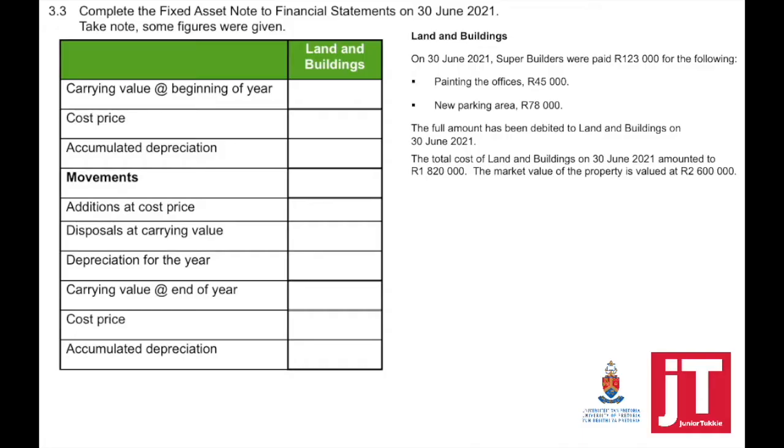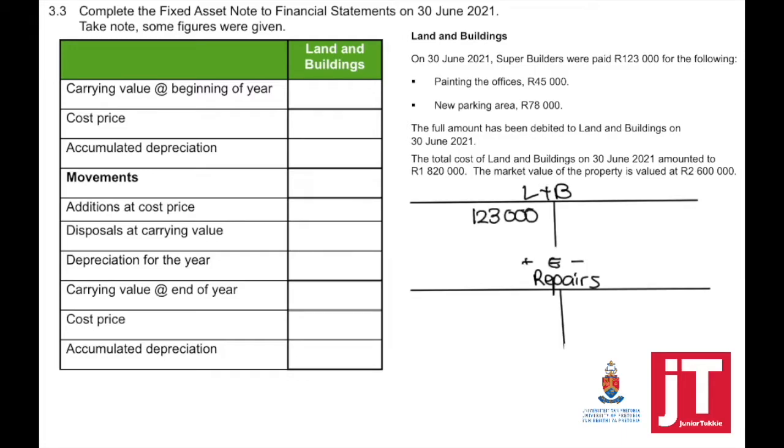So if I now look at this, remember in activity 2 we had a similar type of transaction with regards to land and buildings and repairs. So what is the difference now? The full amount was debited to land and buildings. 45,000 must be taken out of land and buildings and taken to repairs, because that was the painting of offices.